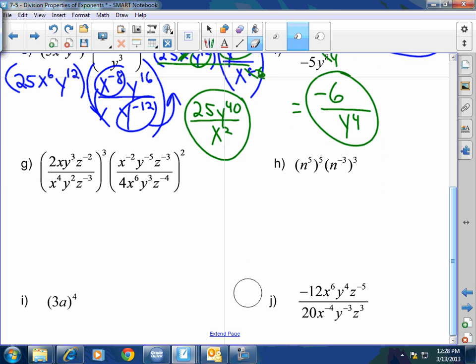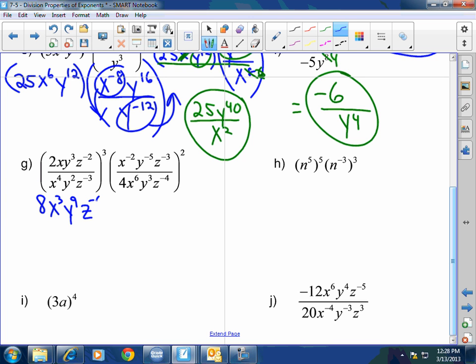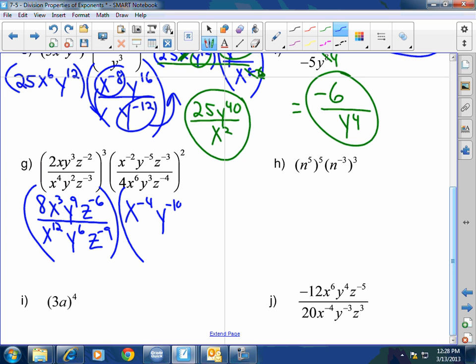Okay. I don't have much time, so let's see. I got to fly through this one. This is going to be 2 cubed, which is 8. X cubed, y to the 9th, z to the negative 6, over x to the 12th, y to the 6th, z to the negative 9, times x to the negative 4, y to the negative 10, z to the negative 6, over 16, x to the 12th, y to the 6th, and z to the negative 8th.